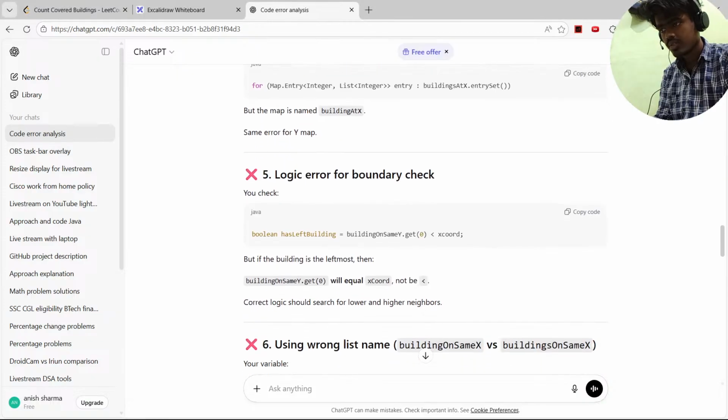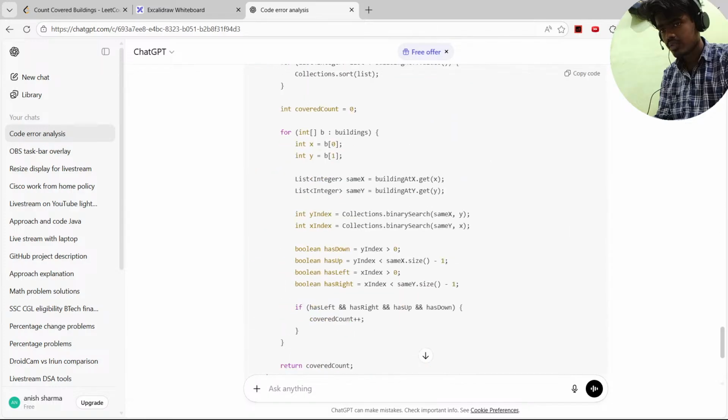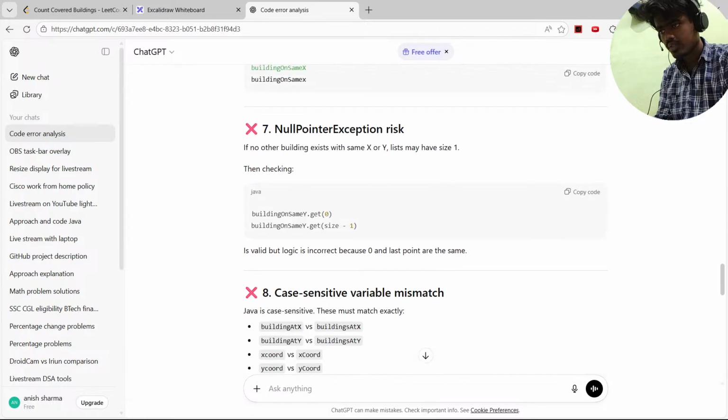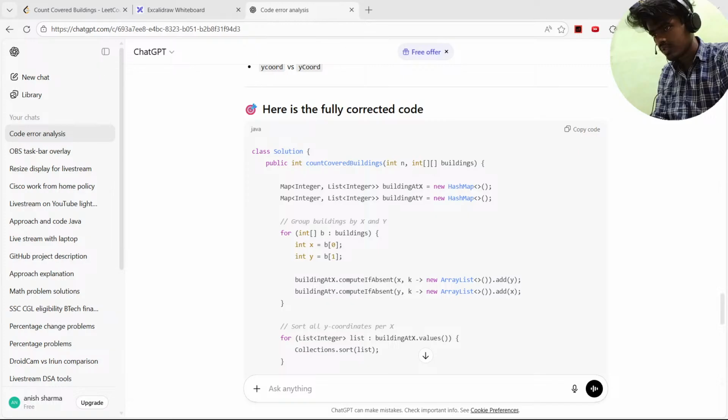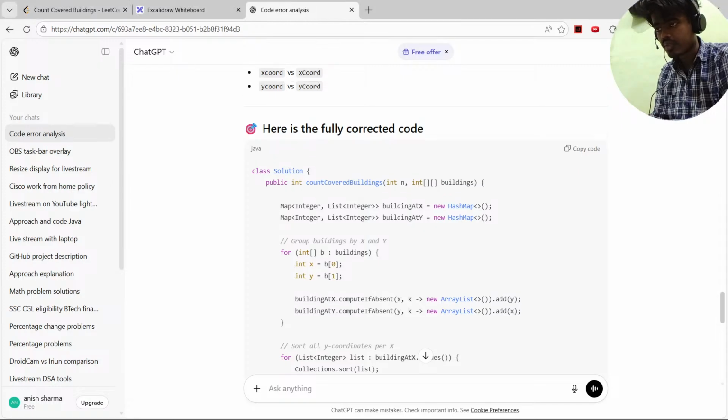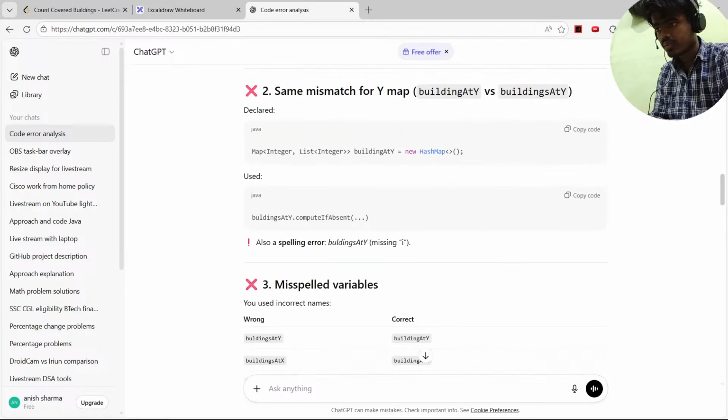I mismatch. Do the full code. I also do some abstract list data. I also add X and Y. I had the int building in building. What was the error?